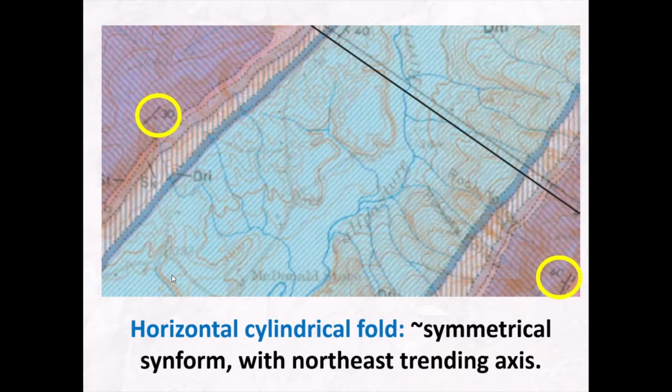They're dipping towards each other at 40 degrees, dipping towards the northwest, and 30 degrees dipping towards the southeast. And you can see that we have this perfect mirroring of the stratigraphy either side. So that's the case where we have a horizontal fold, one where the hinge is perfectly flat, its elevation doesn't change.